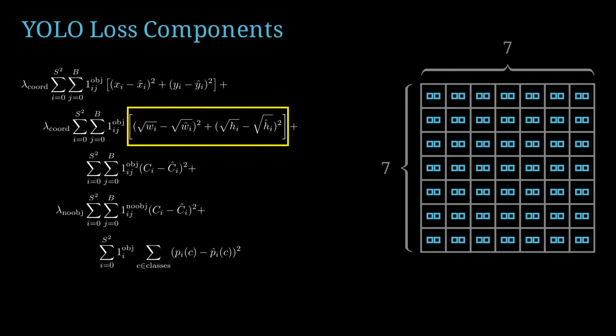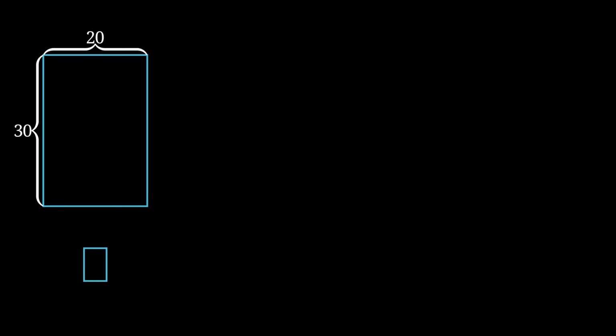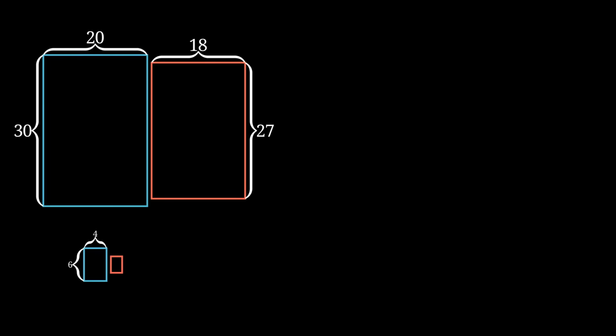The only difference is this underroot part. To understand this, let's consider 2 bounding boxes, one with width 20 and height 30, and another with width 4 and height 6. The predicted bounding boxes for the first are with a width of 18 and height of 27, and for the second predicted bounding box is of width 2 and height 3.